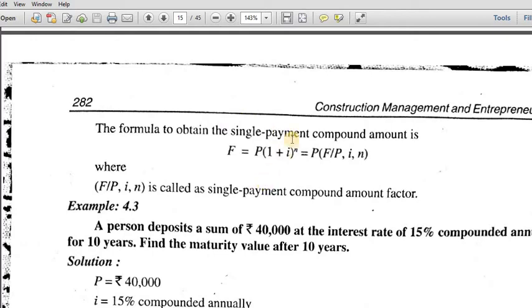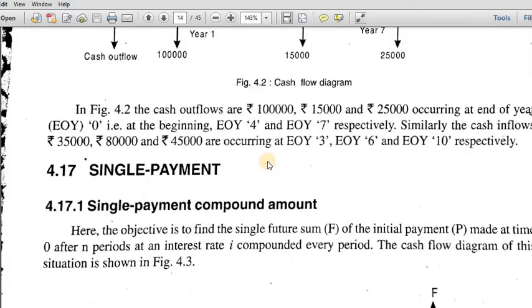In this type of problem they will give you the future amount and ask you to calculate P. Sometimes they will give you P and ask you to calculate F. If you know one formula for single payment, that is enough. You can easily calculate the one which is not given. So F is equal to P into 1 plus I to the power n for single payment. This should come to your mind.